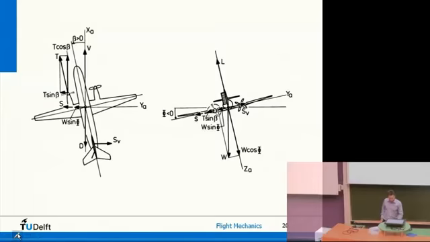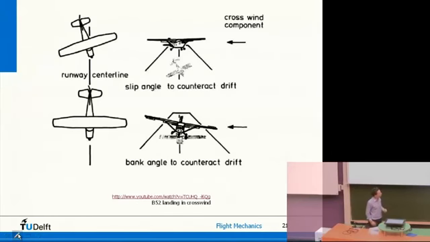Fortunately, that doesn't happen that much. But what does happen a lot is that you have to land on an airfield, but there is side wind. The airfield will have a certain direction, but there may be side wind. In order to land on the airport, you basically have to point the nose of the aircraft into the wind. So you're kind of flying sideways to get rid of this wind component in order to land straight on the runway.